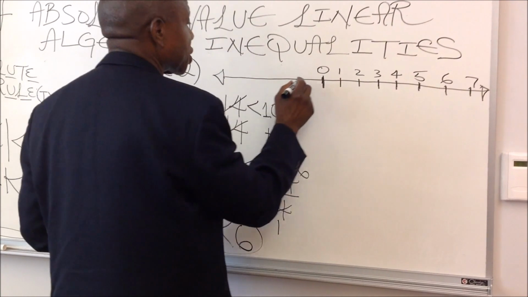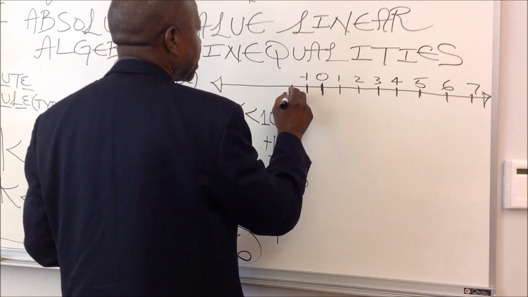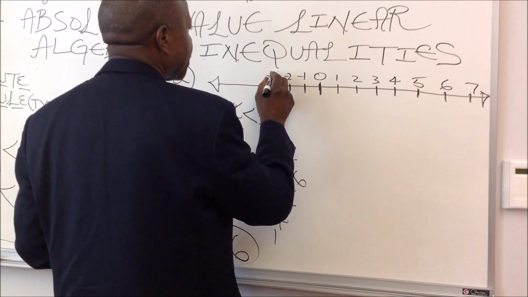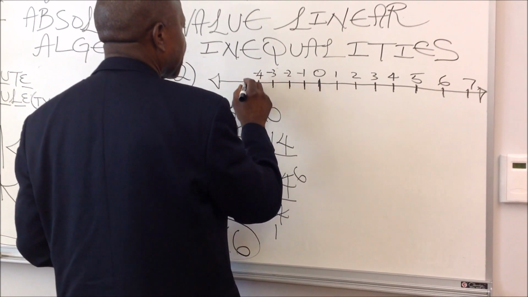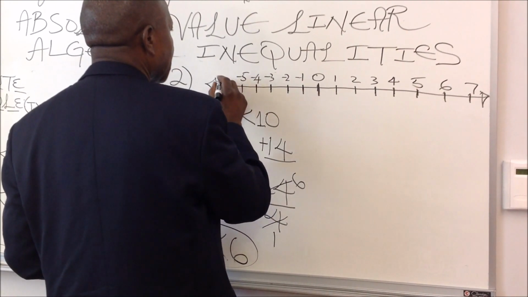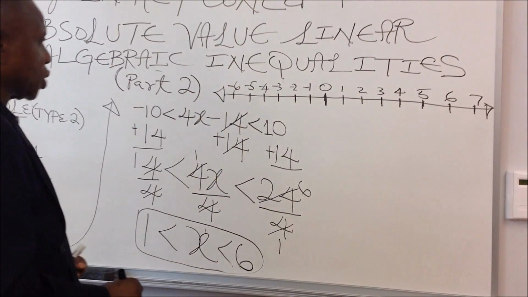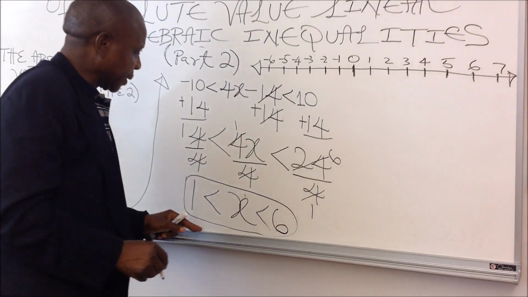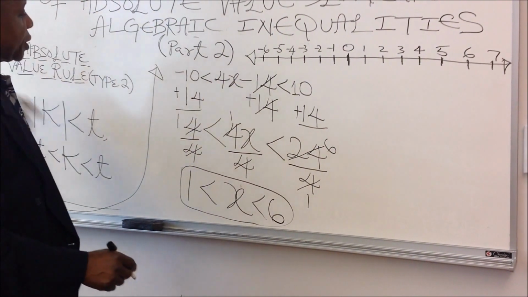On the left side, of course, we're going to have -1, -2, -3, -4, -5, -6.